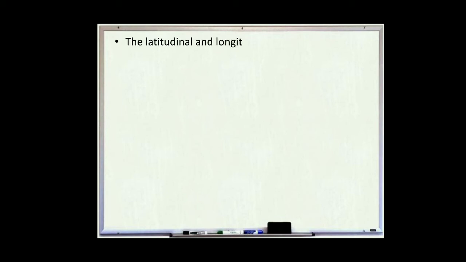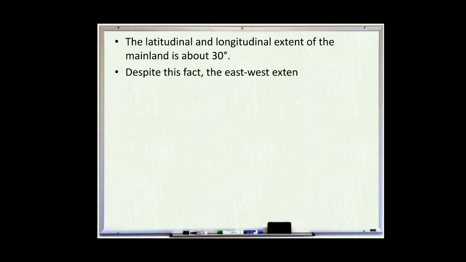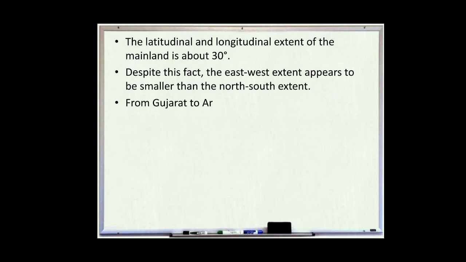The latitudinal and longitudinal extent of the mainland is about 30 degrees. Despite this fact, the east-west extent appears to be smaller than the north-south extent. This we will discuss through the answer. From Gujarat to Arunachal Pradesh, there is a time lag of 2 hours.